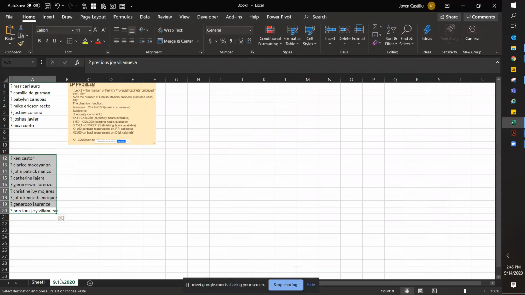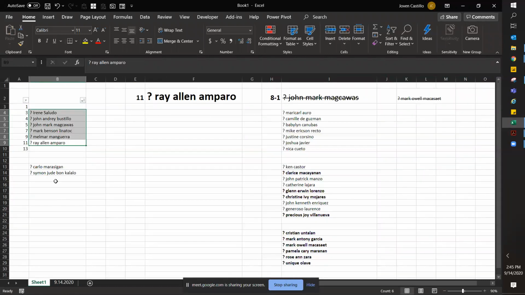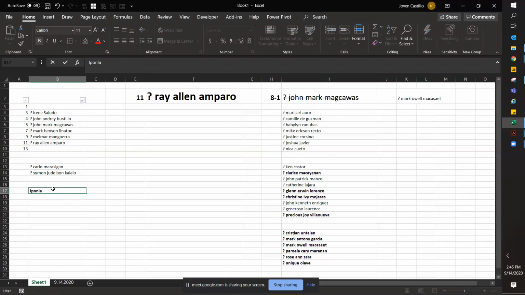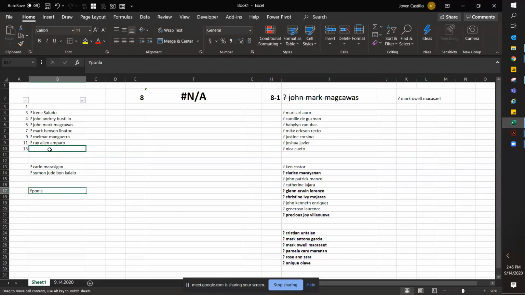Madali lang naman yung attendance seeker. Ito, wala. Pero ka-group na siya dapat.